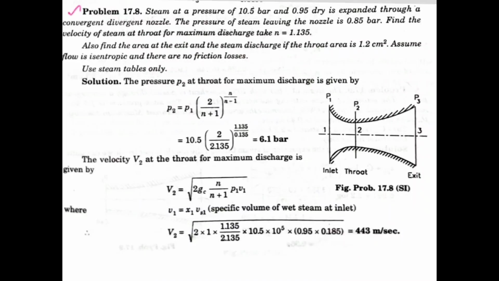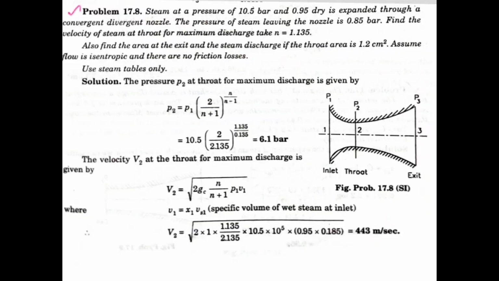Then the intermediate, that is the throat, is 2, where the pressure is P2 and velocity is V2. Then the exit condition is 3, where the pressure is P3. Here the exit pressure P3 is given as 0.85 bar.